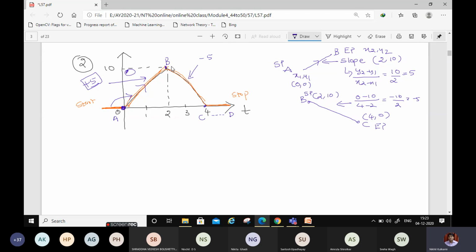Now from point B you are going down, it is a downward journey. Earlier your slope was plus 5. Now from B to C you have to get a slope of minus 5. So how much do you have to add here to get minus 5? You have to add a value of minus 10. Getting that?